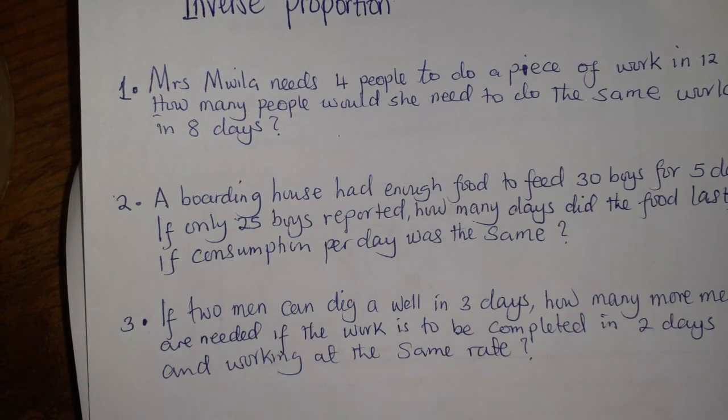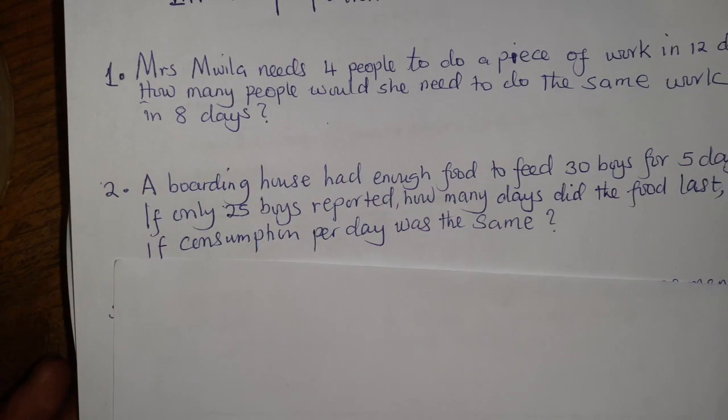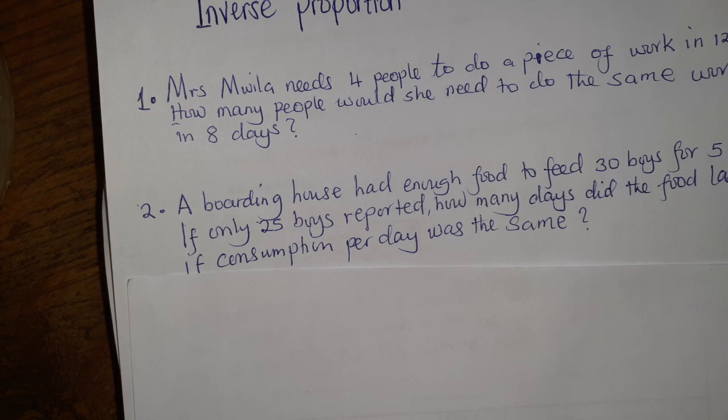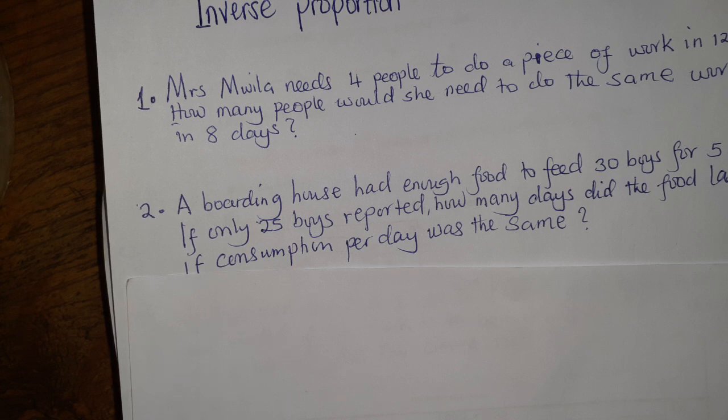All right, so let's look at the first example. How do we solve these questions? The first example reads, Mrs. Mwira needs 4 people to do a piece of work in 12 days.